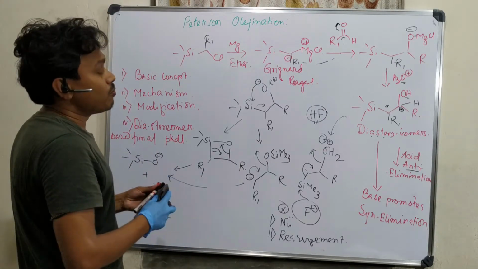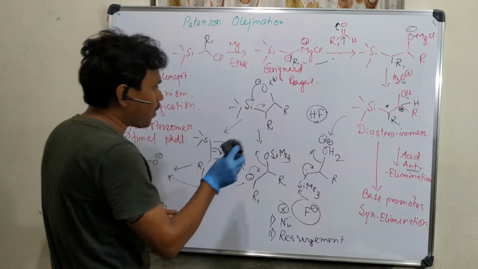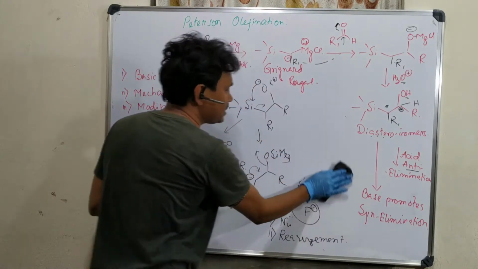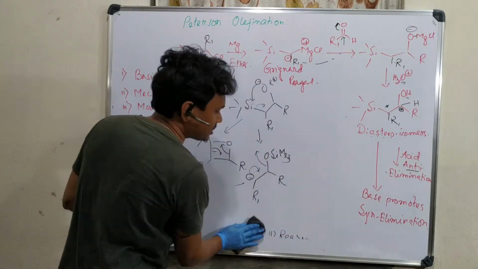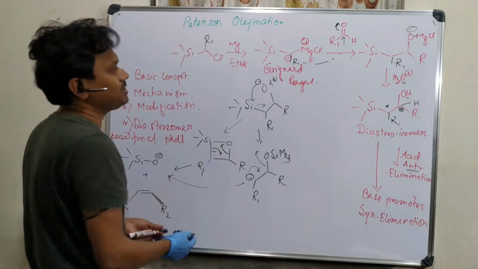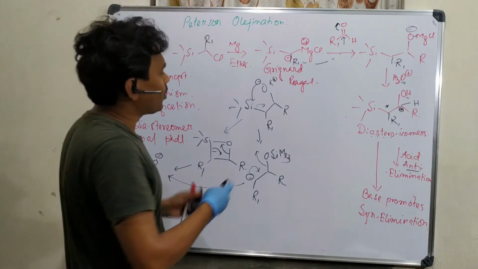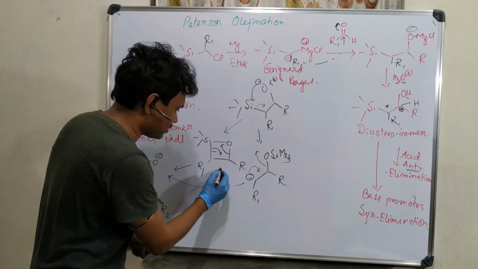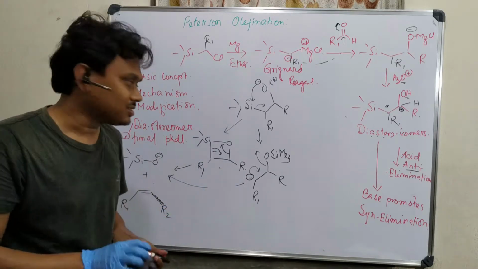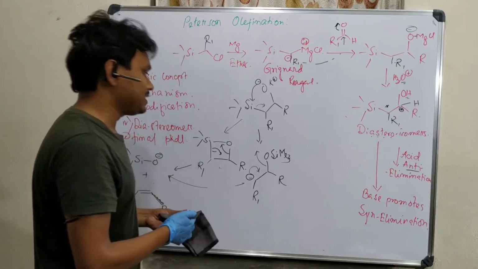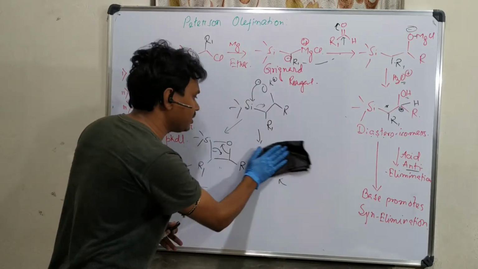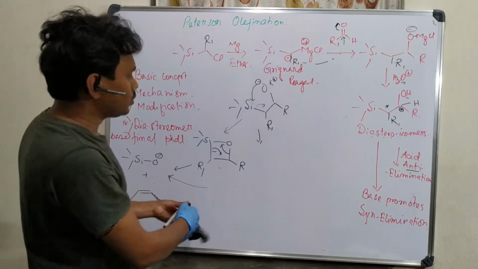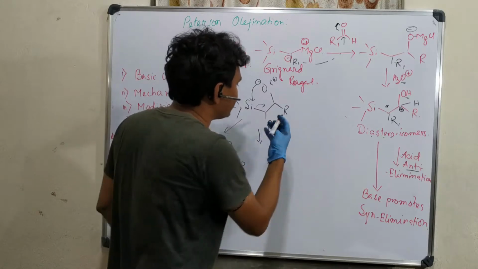Now the question, modification. What type of modification could be done such that the reaction becomes easier? Why am I saying easier? Because you can see a 4-member ring is formed. Formation of a 4-member ring is not easy, because this group has its own bulkness.